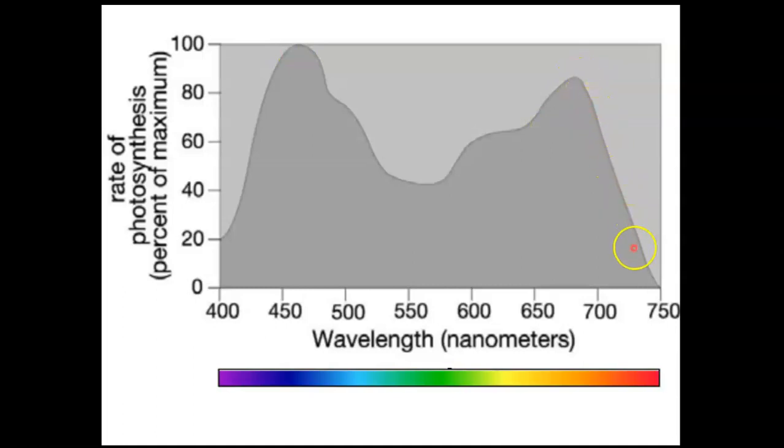And then as we move towards infrared, that's the really long wavelengths, then photosynthesis drops off altogether. Just note that this color spectrum has been swapped around compared to the diagram on the previous slide. So that one went left to right, this is going right to left.